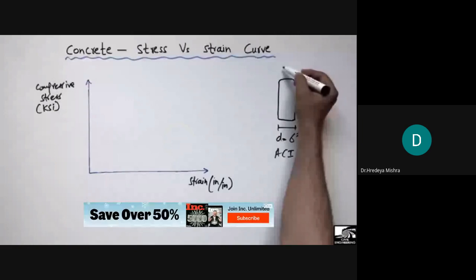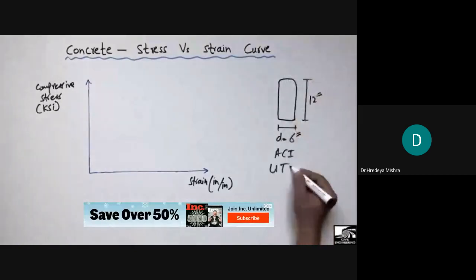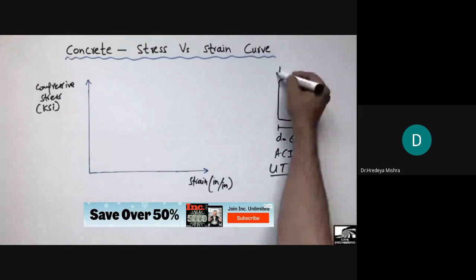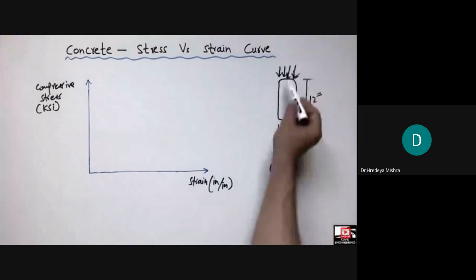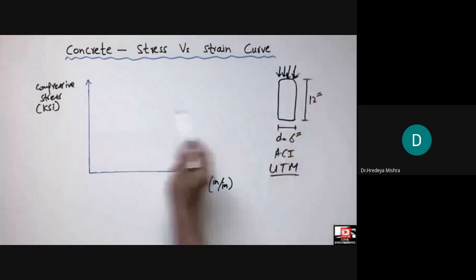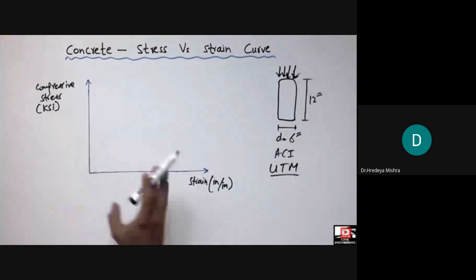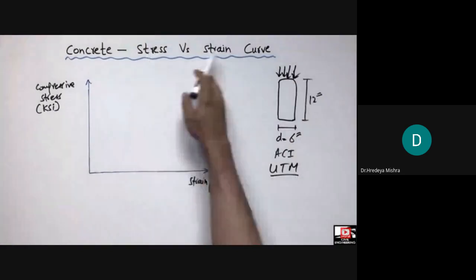Place this concrete in the universal testing machine, which is called the UTM, and we perform the compressive test on this cylinder. By performing this test, we get a curve between the compressive stress and strain, and this curve is known as the stress versus strain curve for the concrete material.